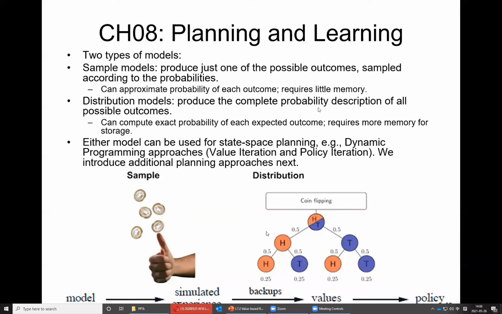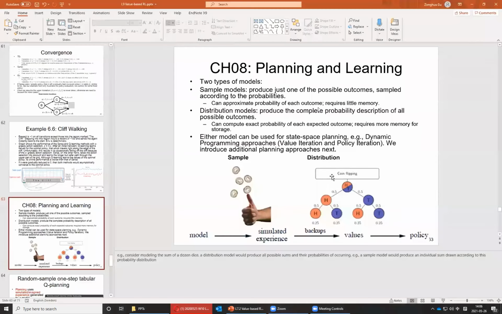Or distribution models, which produce the complete probability description of all possible outcomes, a probability distribution. So it can compute the exact probability of each expected outcome and requires more memory for storage.